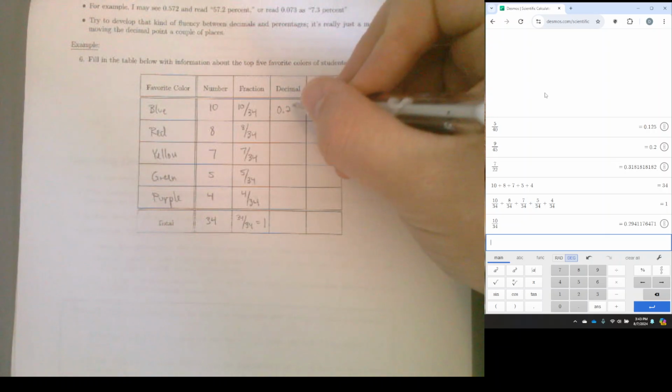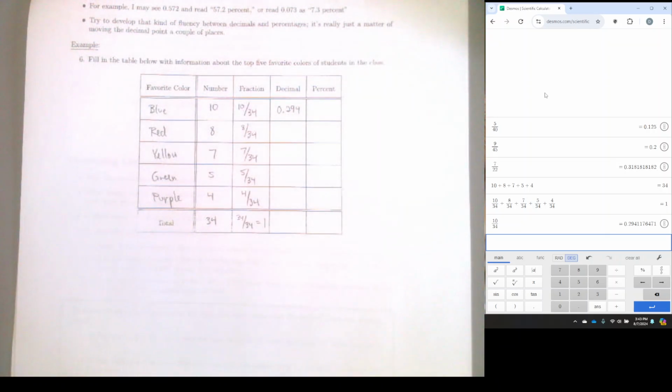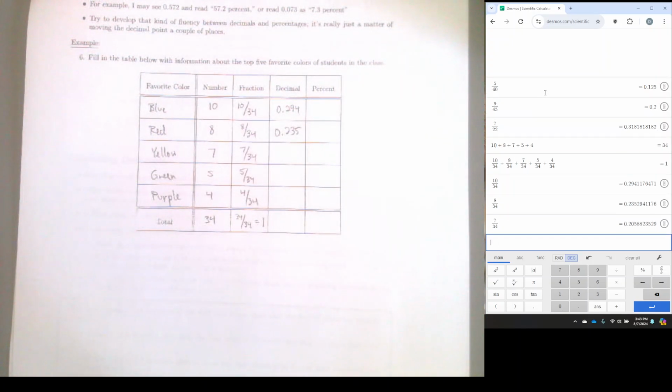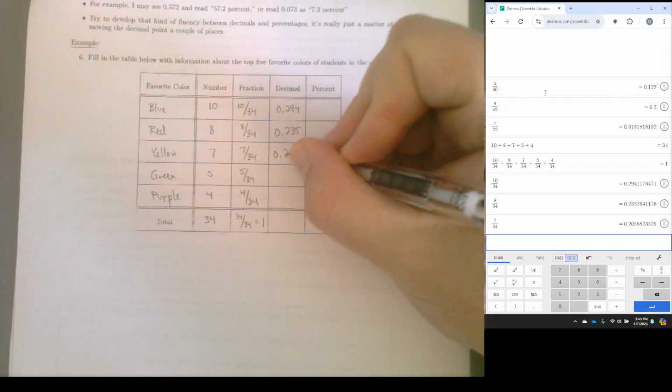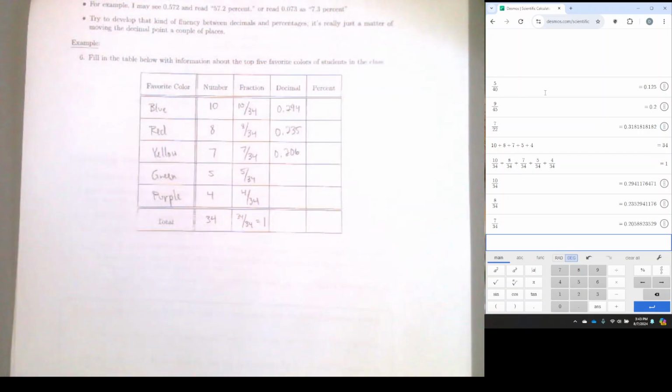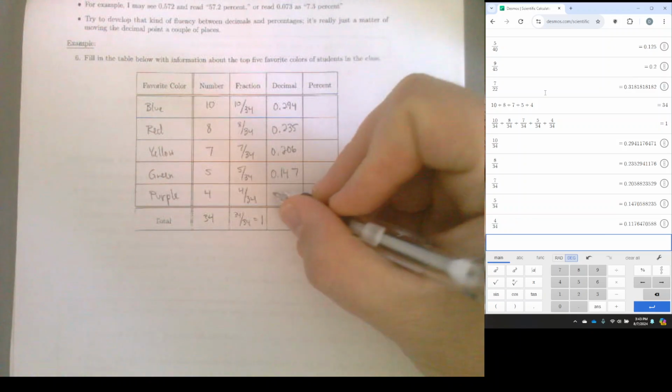So we'll call this 0.294. 8 out of 34 is 0.235. 7 out of 34 is 0.206. 5 out of 34, 0.147. And 4 out of 34 is 0.118.